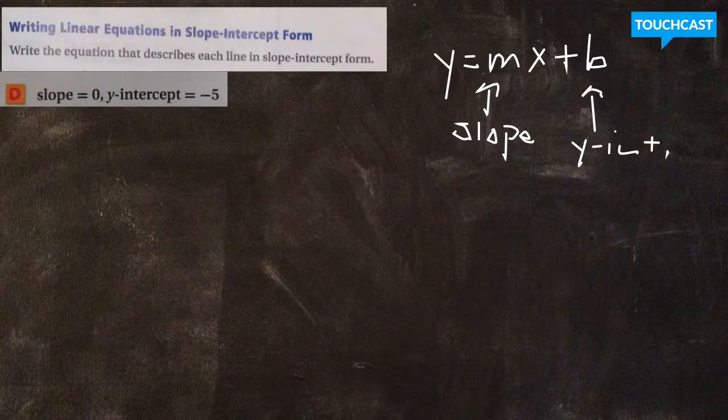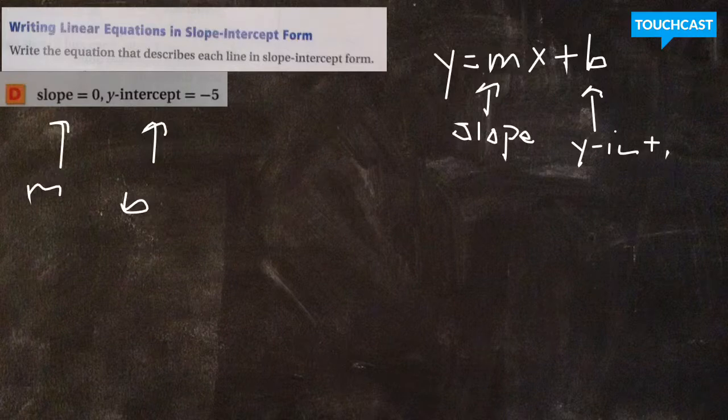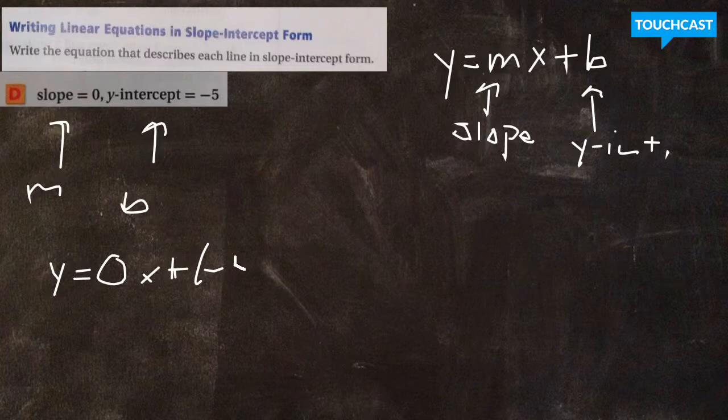So we have a slope of 0, so our m is 0, and our y-intercept is -5, or our b is -5. So let's plug those in. y is equal to 0 times x plus -5.